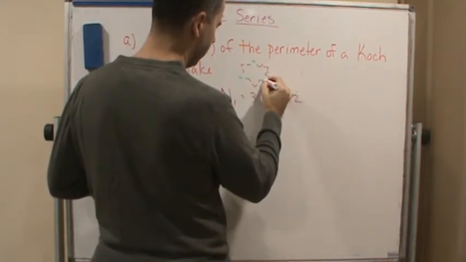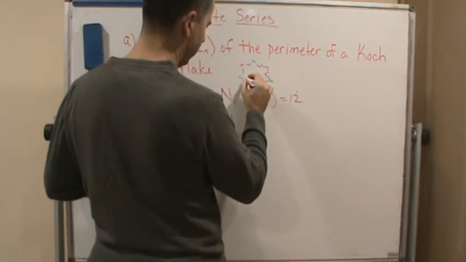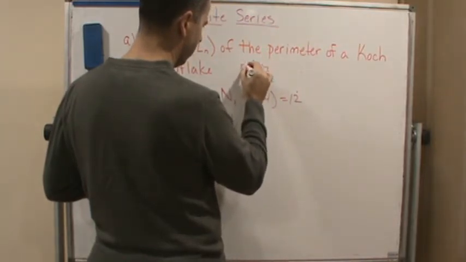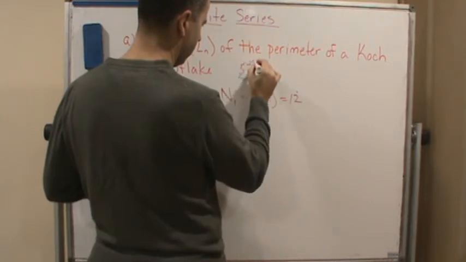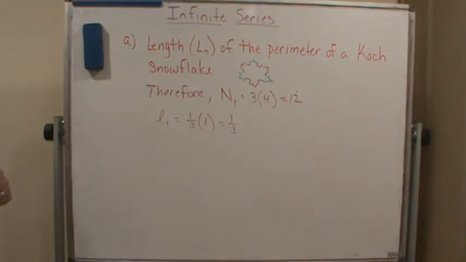And replace that with another equilateral triangle pointing outward. Okay, and now we get something like that, right?